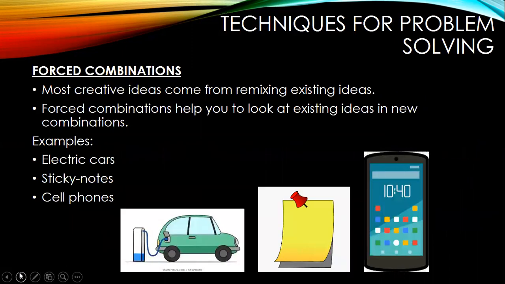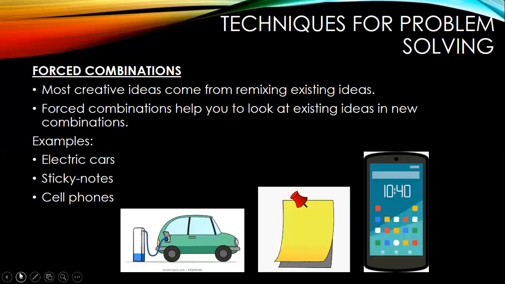Forced combination. So come up with a new idea. This is basically what forced combination is. Write down a number of words on separate scraps of paper. Then put all of these into a hat. Draw 2 scraps of paper, read the 2 words, and think of something that would combine the 2 words.